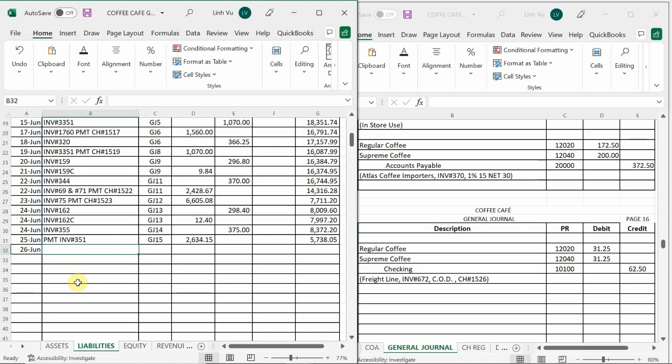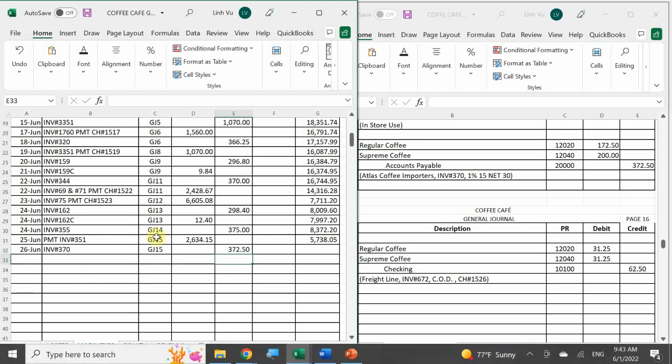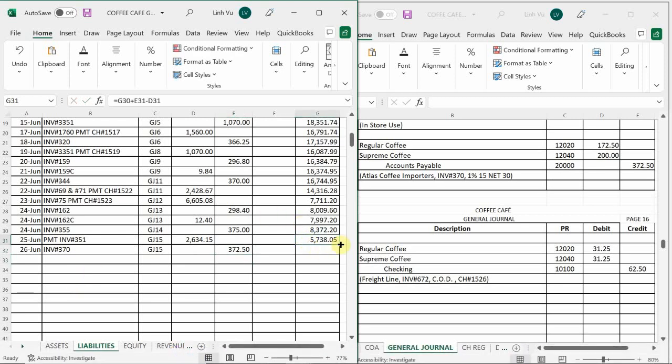So this is invoice number 370, and we increased our account by $372.50. Therefore, that should increase your accounts payable to $6,110.55.